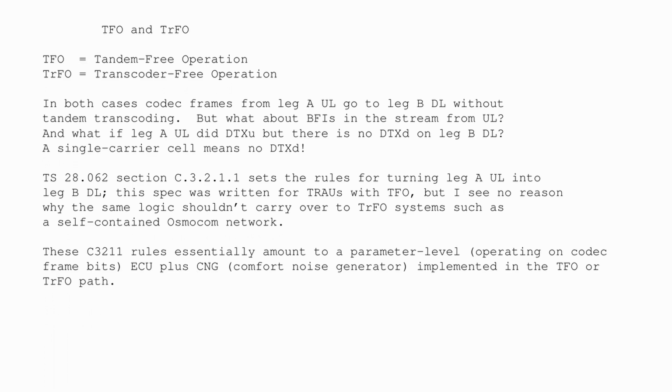But what if both Alice and Bob are GSM users? What then? You want to avoid the tandem transcoding. It would be very wasteful and degrading to speech quality if Alice's handset encodes her speech, then the network decodes Alice's speech, passes it to another network element, which re-encodes it for Bob's call leg, and then Bob's handset decodes it in the end.